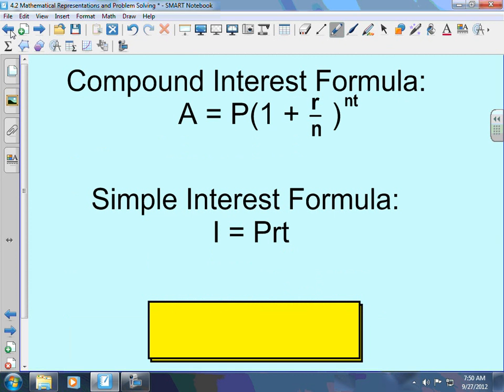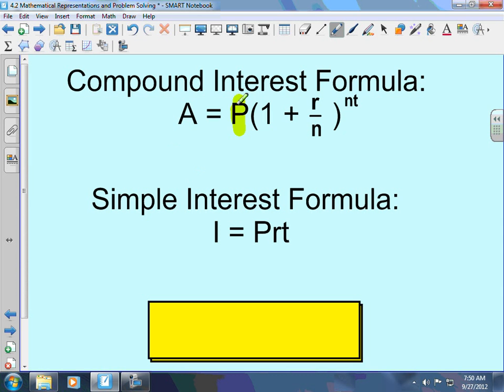Compound interest is A equals P times the quantity of 1 plus R over N, all raised to the N times T power. So what does P stand for?